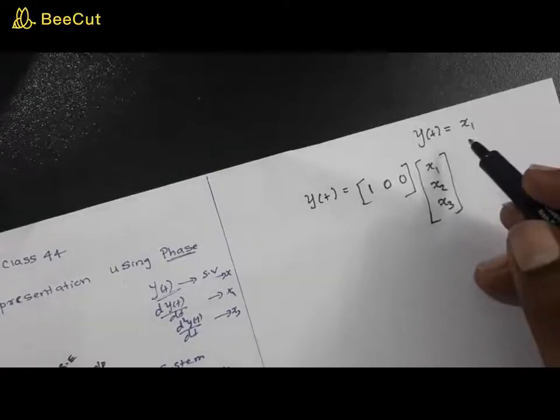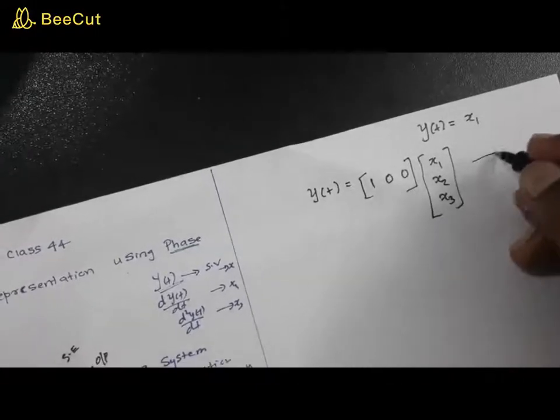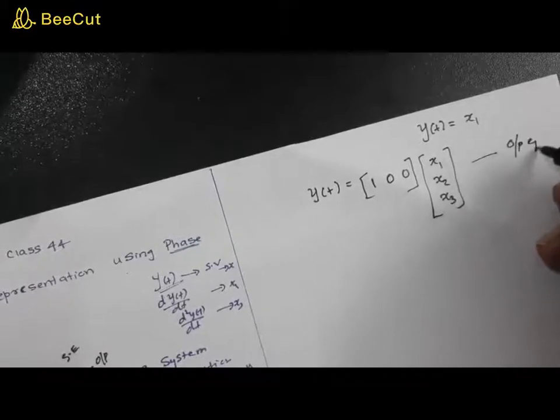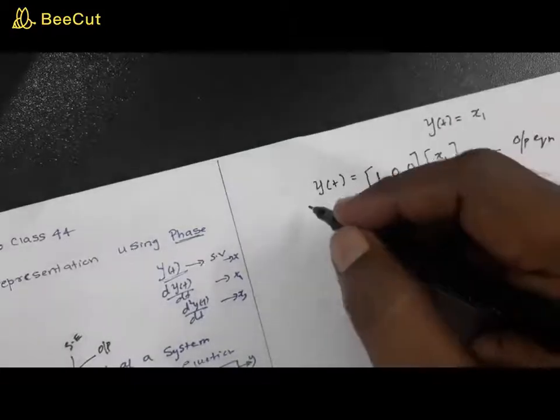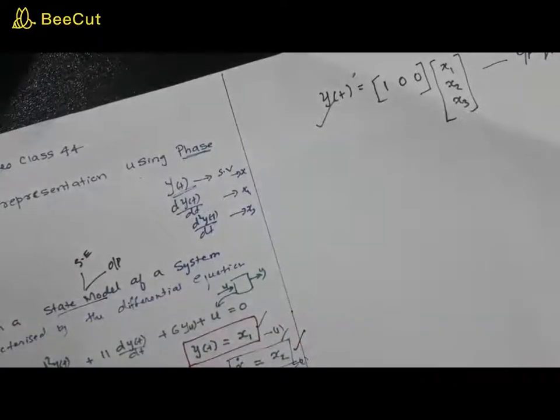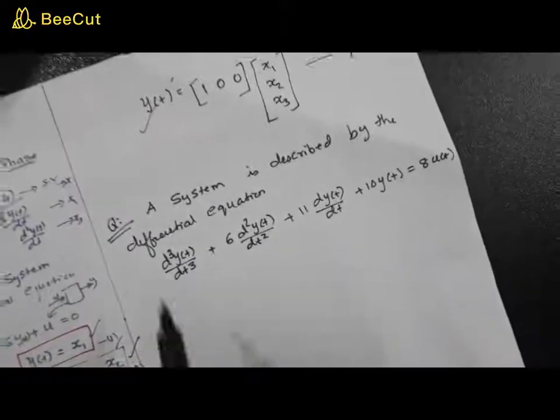So y of t is equal to x1. This is your output equation. This y of t equation and the state equation form the state model of the given differential equation.